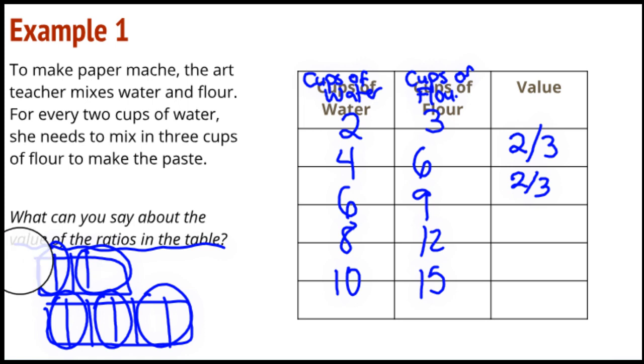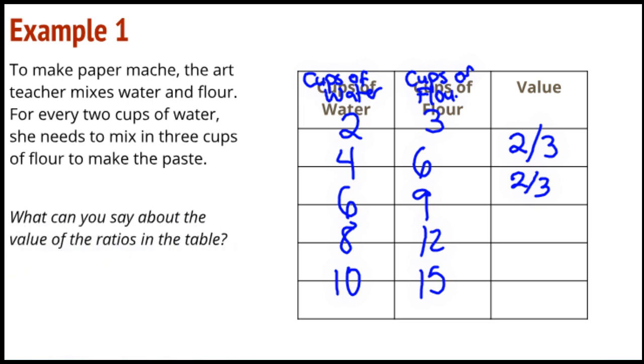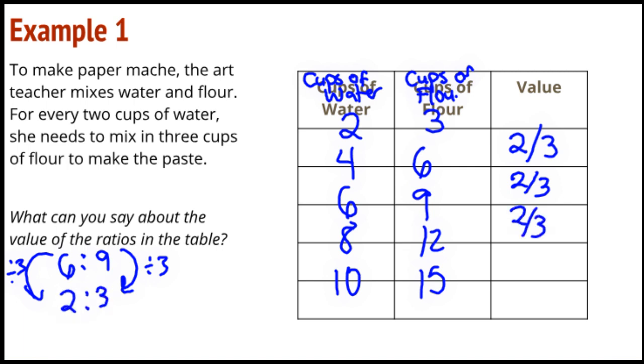On 6 to 9, I can look at this a different way. I've got the 6 to 9, and they will both divide by 3, which would give me a ratio of 2 to 3, which is a value of 2 to 3.